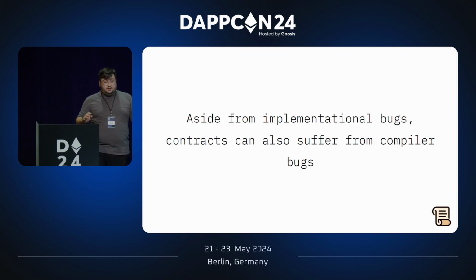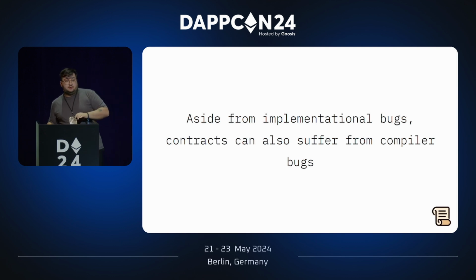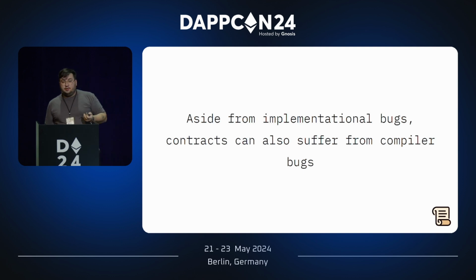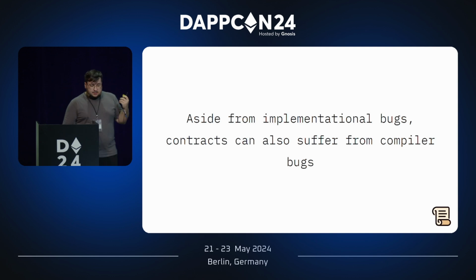We also remember that aside from implementational bugs on the smart contract side, the bytecode that results from contract code can suffer from a compiler bug. It happened recently with Vyper and Curve, when certain Curve pools were exploited because of a compiler bug. And so how would that work? How do you do that on the verifier side?